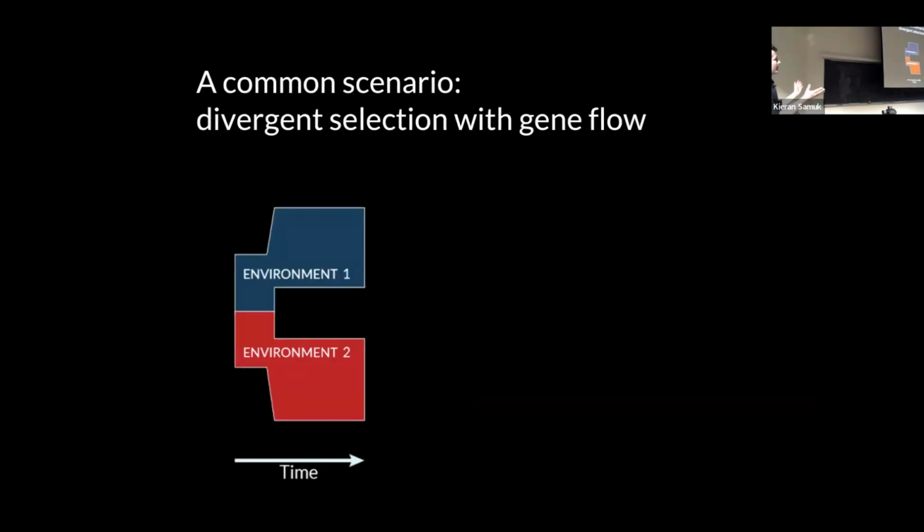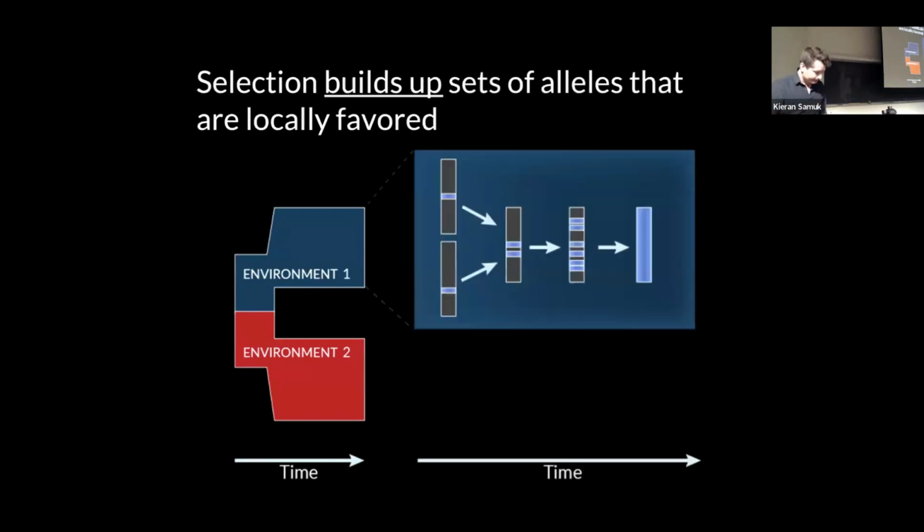And so here's a schematic of what this scenario might look like. This is the scenario of divergent selection with gene flow. So we have a little phylogenetic tree here. Time is on the x-axis, proceeding forward in time. We have some ancestral population that splits to inhabit two new environments.